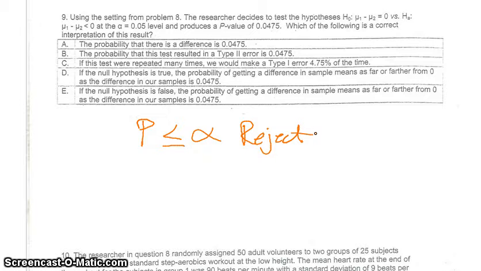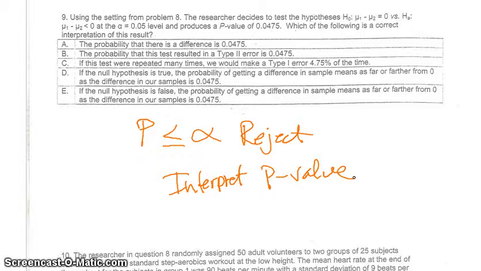So that means interpret the p-value, which is how likely something is to occur given the null hypothesis is true. So, if the null hypothesis is true, the probability of getting a difference in sample means as far or farther from 0 as the difference in our samples is 0.0475. Sounds beautiful. That's D for our answer.